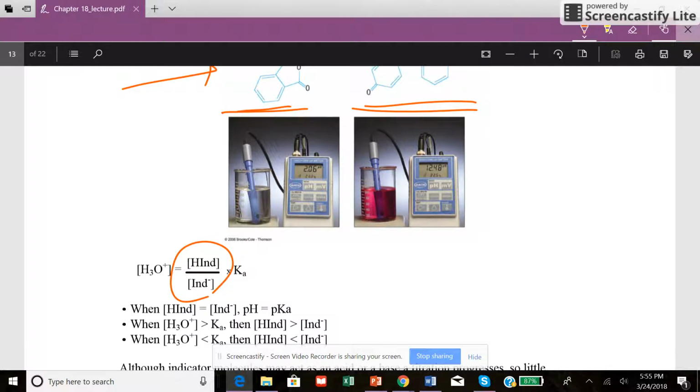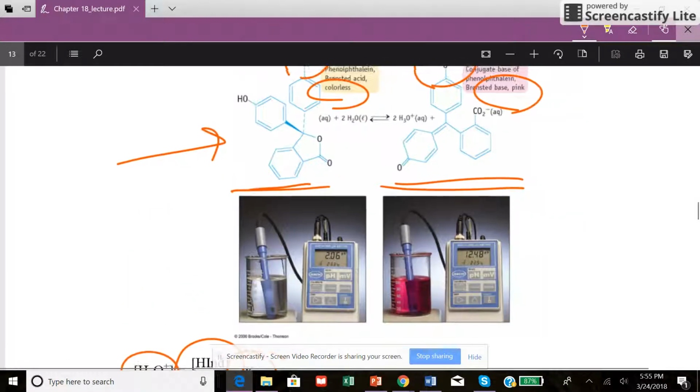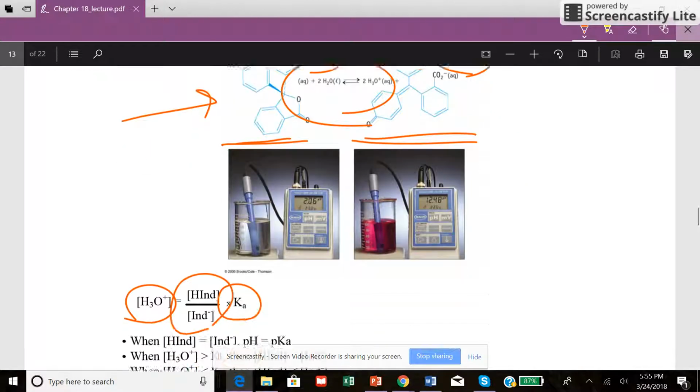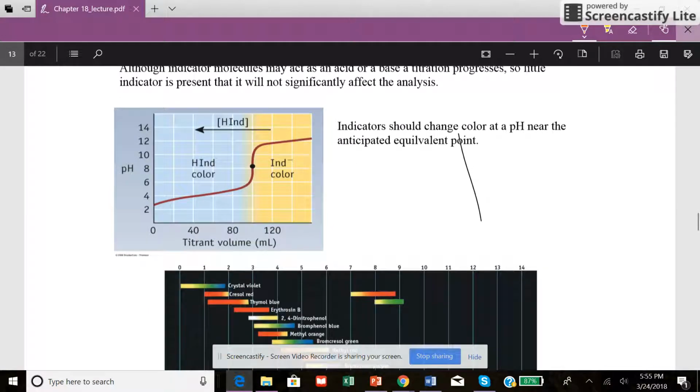Basically, you want the pKa of the indicator to be equal to the pH where your equivalence point is going to be, because that is where it starts to change color. So let's take a look over here. You see here, this is where it changes color, when the concentrations of the base and the conjugate acid are equal. That's where you want it to be.